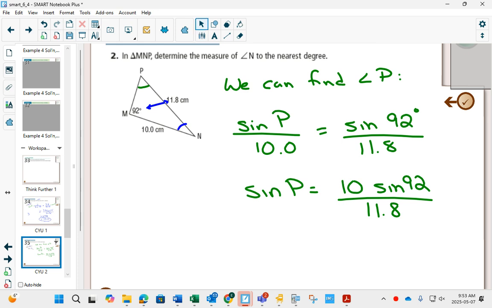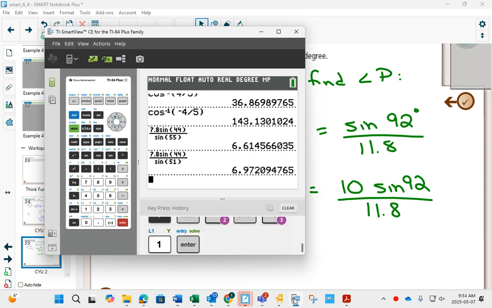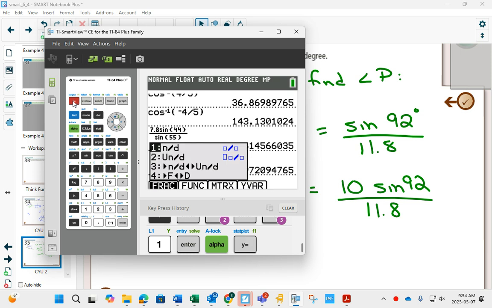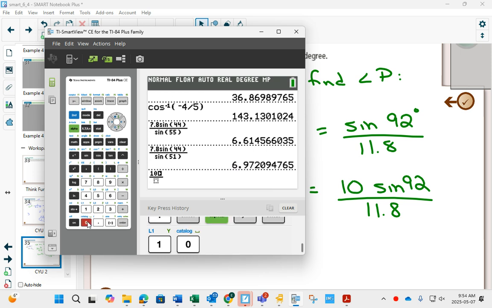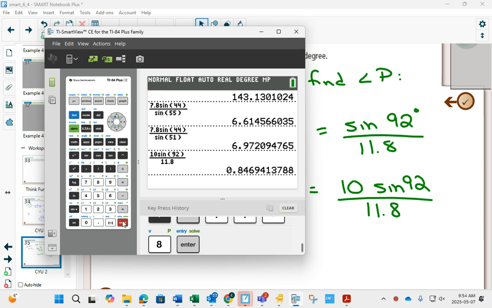And this is where things could get a little bit interesting. Okay? And I'll show you why. I'm going to just type this in to get it as a decimal so we can look at it. 10 times sine of 92 degrees divided by 11.8 is 0.847.